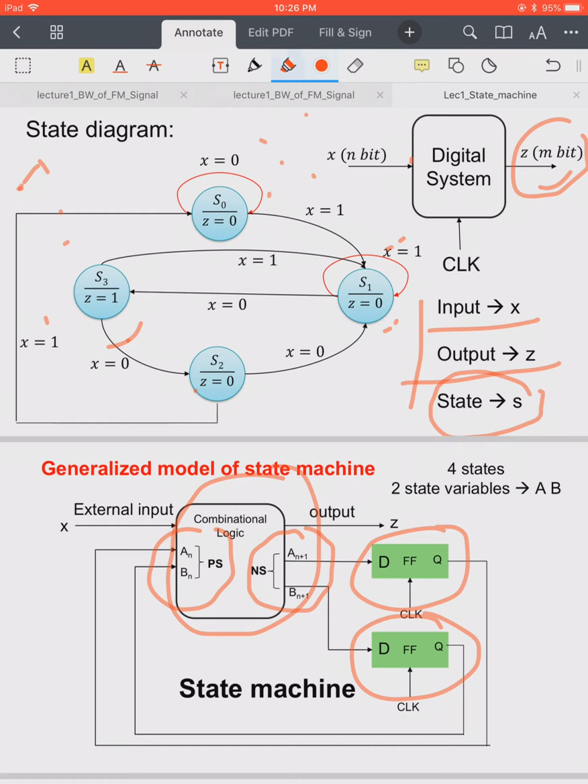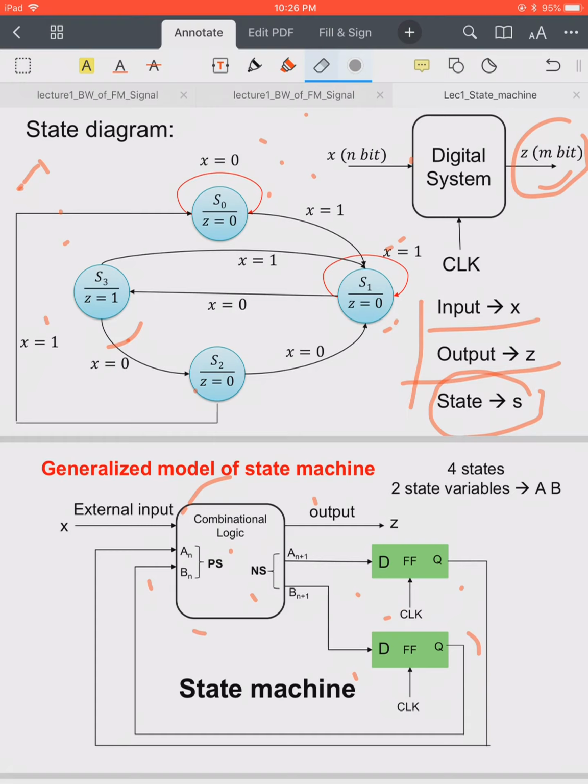You can see here that these D flip-flops are triggered by the clock, right? After each transition, the next state will be a function of this external input and the present state, right?